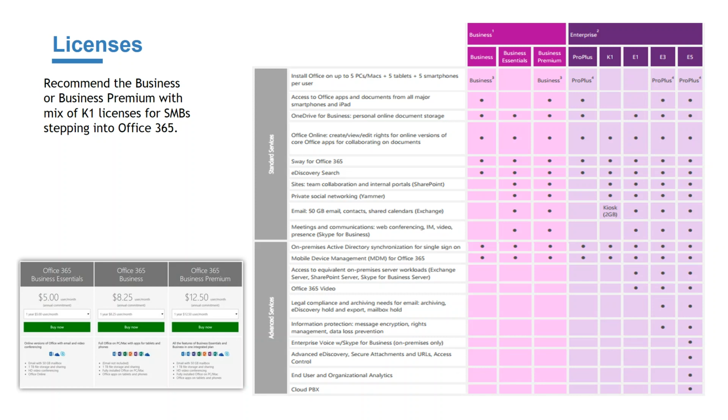The one that I recommend for small and medium businesses is definitely going to be the business and the business premium with a mix of K1 licenses, and I will demonstrate that in the next slide. This is assuming that you don't currently have Exchange Online or Outlook Online running, or an emailing client that is currently hosted on your on-premises environment.